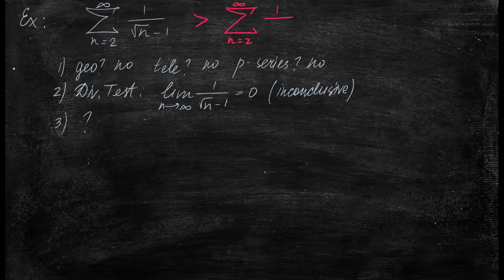So if I remove that -1 from the denominator, that will make the denominator bigger, and therefore the overall ratio smaller. So the right-hand side is diverging. It's less than the original series. And how do I know it diverges? Well, because it's a p-series with p being equal to 1/2, which is less than or equal to 1, meaning that this series diverges.